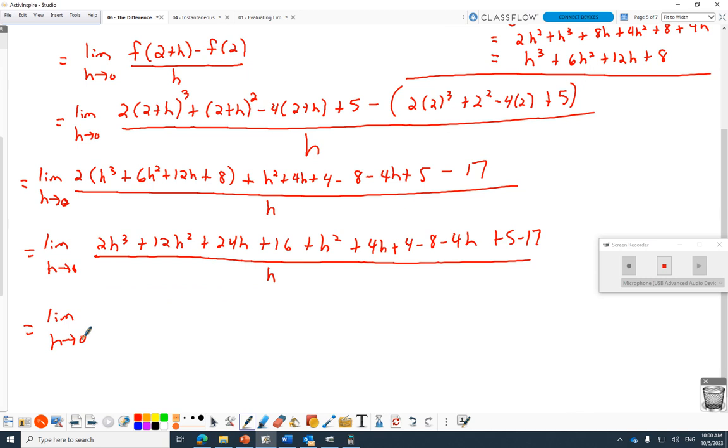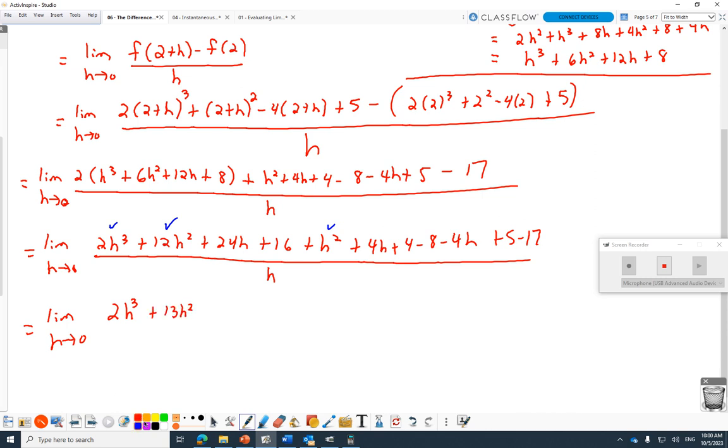2h cubed. Got that. H squareds. 12 h squareds. Another h squared. And that's all the h squareds.